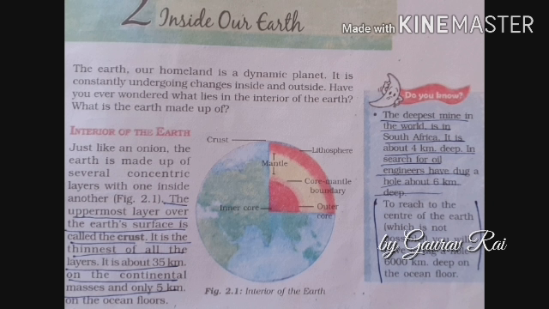Students, you know that Earth looks like an onion and it has been made in different layers, just like an onion. And the uppermost layer over the Earth's surface is called crust. You can see the figure here, and in the figure the rounded red portion is the core.